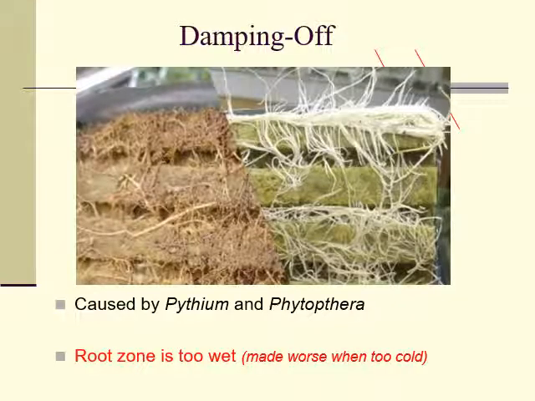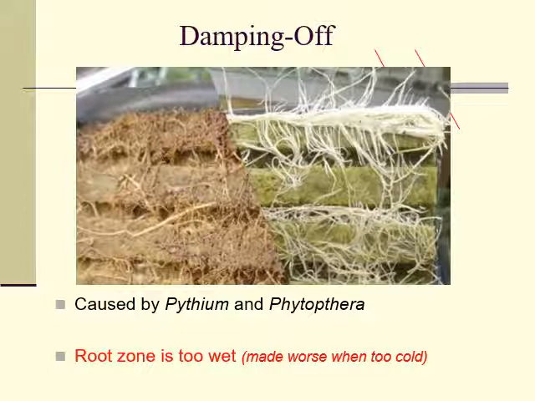So the classic sort of beginner's introduction to fungal infections is damping off, right? You probably learned this in some of your courses already. I hope you have. In fact, I hope some of this is review, but in my past experience, this has not always been the case. So Pythium and Phytophthora are real common fungal infections that target roots and cause what we call damping off.